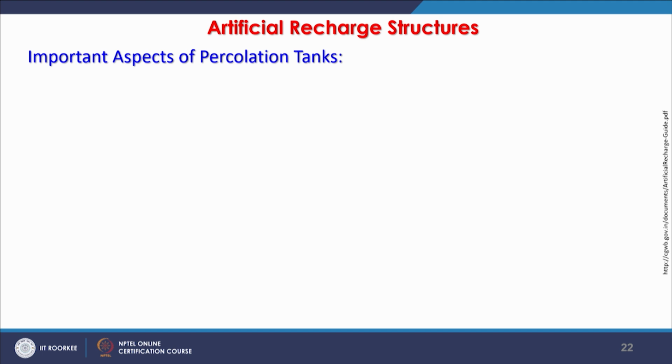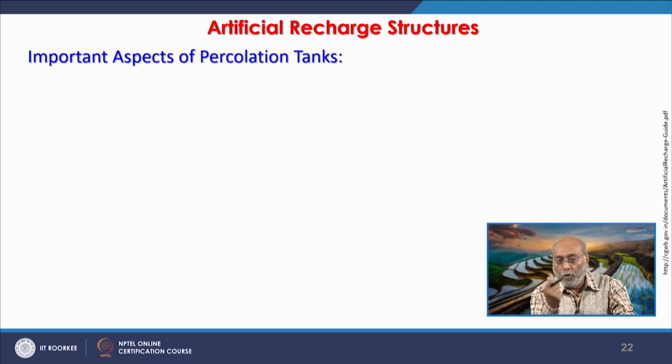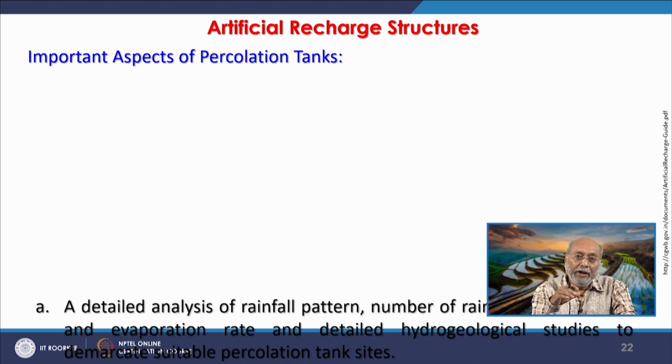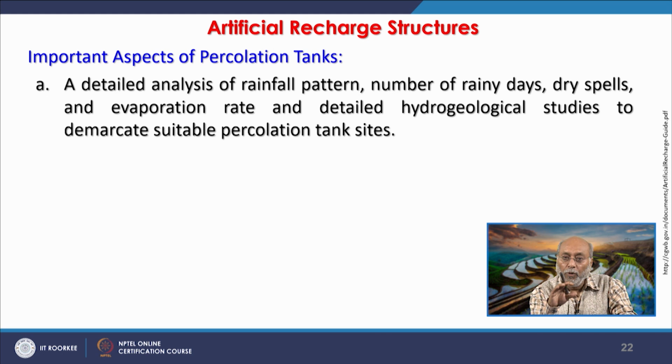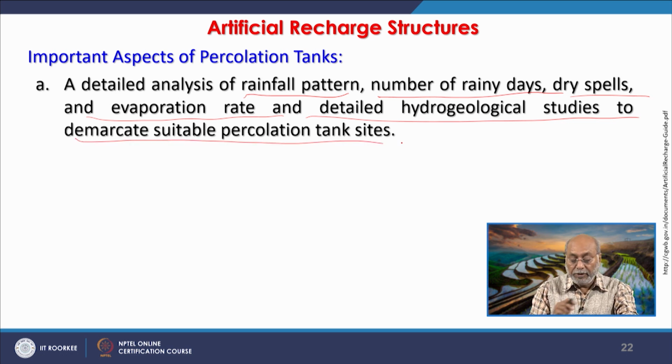So, depending on the conditions, slopes, geologic formations, soils and availability of water, all kinds of innovations at local level can be done, which are most appropriate for that part of the land. So, a detailed analysis will of course be required, as I have said, of rainfall pattern, number of rainy days, dry spells, evaporation rate, detailed hydrogeological studies, and demarcating a suitable pattern.